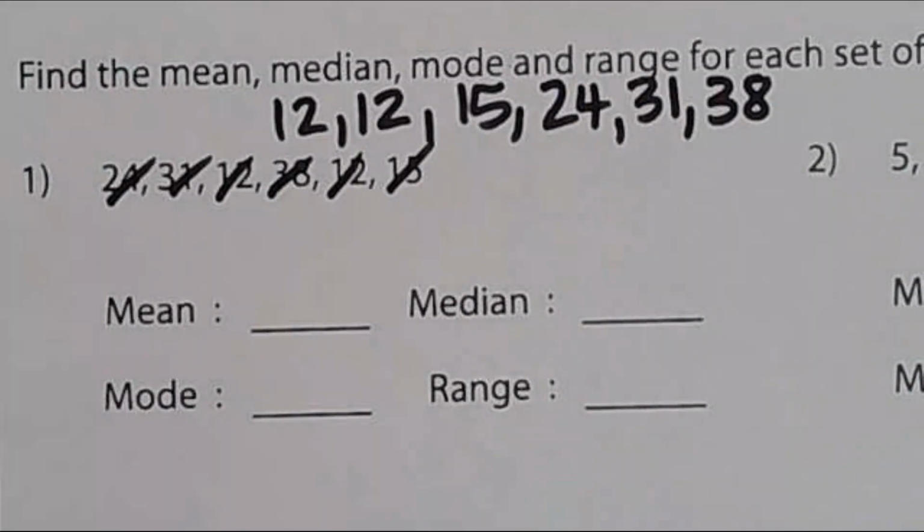When I add it up, okay, so 12 plus 12 plus 15 plus 24 plus 31 plus 38 divided by 6 equals 16.16 repeated. All right, do it again. You're still cool? Get that calculator out. Everybody, add those up and divide by 6.